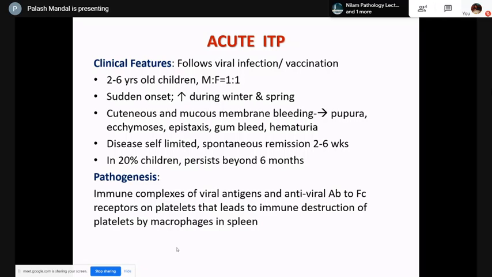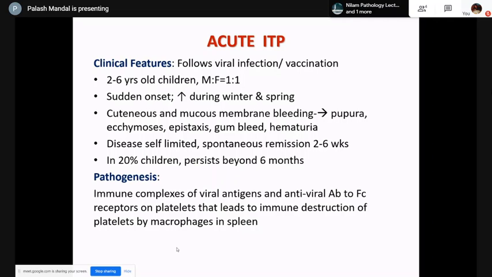It is of sudden onset, because I told you acute means sudden onset and shorter duration, and happens mostly during winters or spring. And how does it manifest? It manifests as cutaneous or mucous bleeding. Mucous membrane bleeding, that is inside the oral cavity, inside the nose, may happen. Cutaneous means over the skin surface.